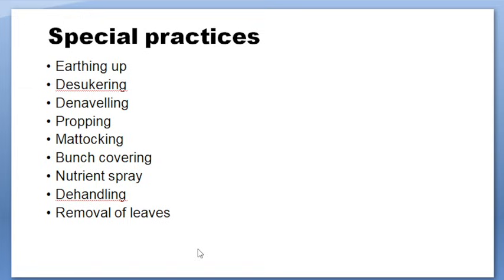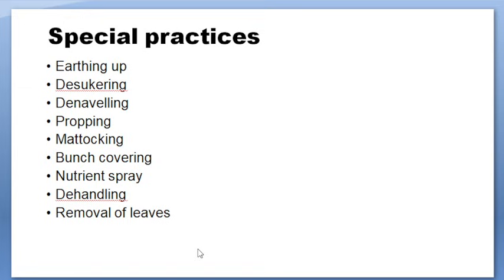Matoking means cutting the pseudostem. Once we harvest the bunch, we are going to cut the pseudostem. Bunch covering is mainly done to avoid the problem of birds or bats. Nutrient spray: especially after flowering, we have to give the proper nutrient spray.